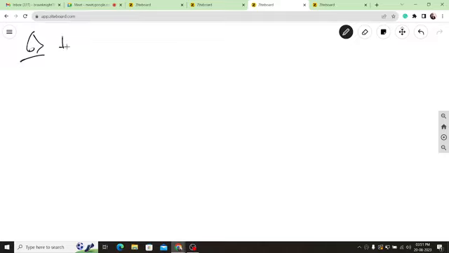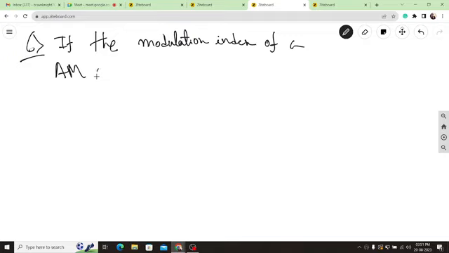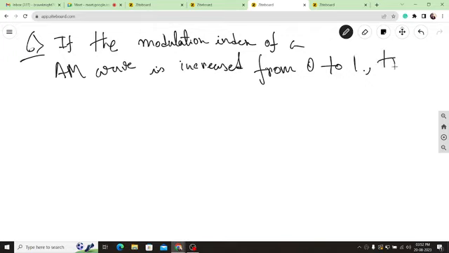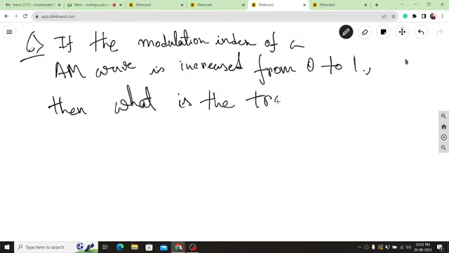This says if the modulation index of an AM wave is increased from 0 to 1, then what is the change in transmitted power?